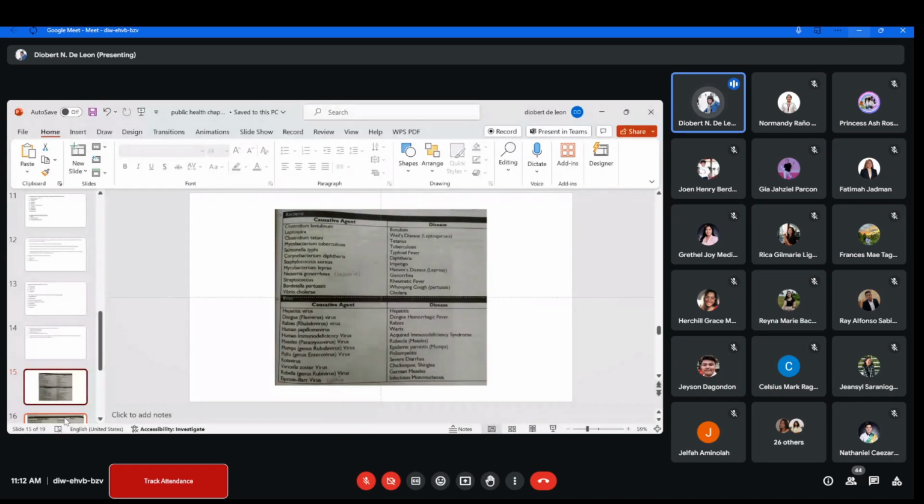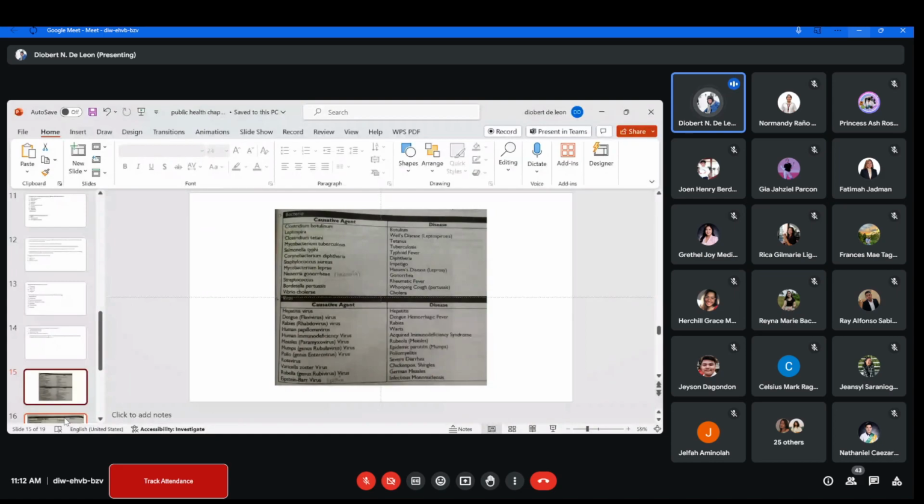We have Clostridium botulinum, botulism; Leptospira, that's Weil's disease, which is also known as leptospirosis. Okay, the causative agent for tetanus is Clostridium tetani, and we have tuberculosis, Mycobacterium tuberculosis; Salmonella typhi, that's for typhoid fever; and the Corynebacterium diphtheriae. And so on and so forth. So just please read them all, sa bacteria.